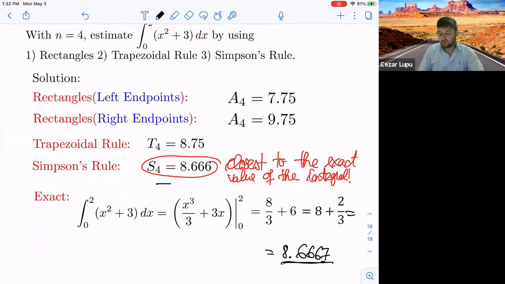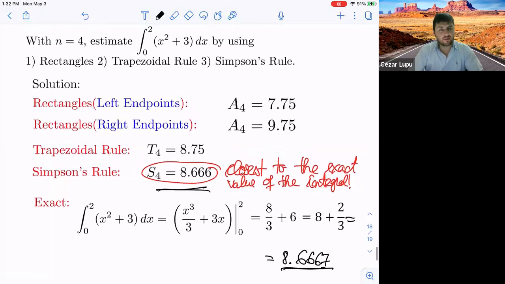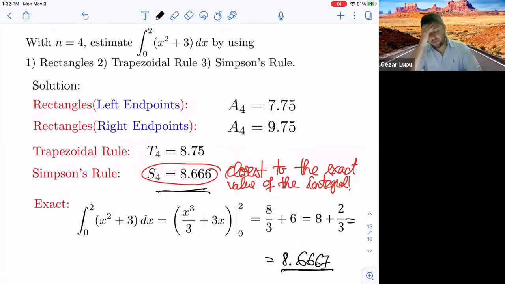Look how close this is to this one here. So again, I want you to look at these. Anyway, you will see the details. If you want to do the computations by yourself, you're more than welcome to do so. So as you can see, I gave you just a very simple example of how to compare these three rules.